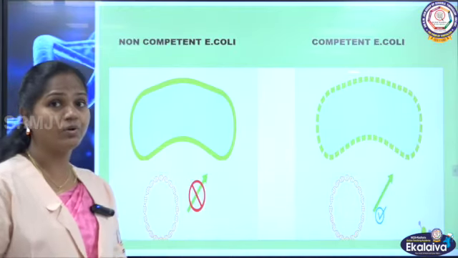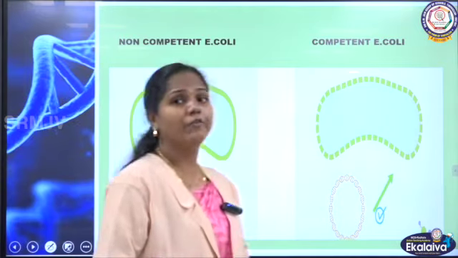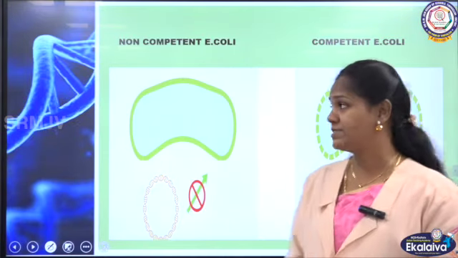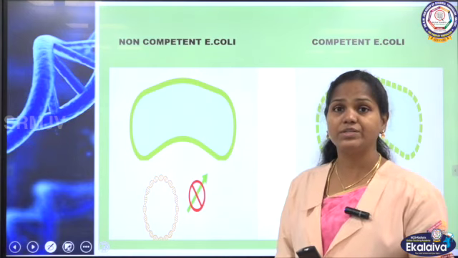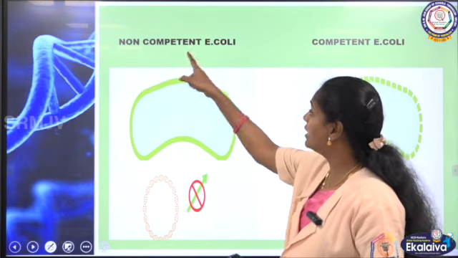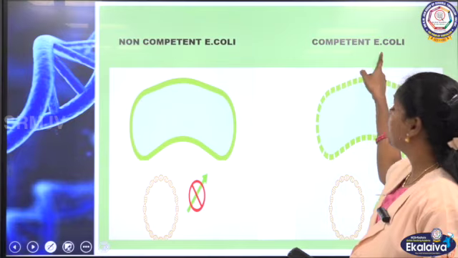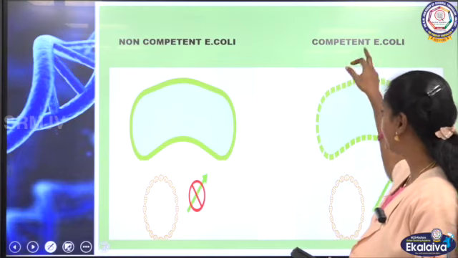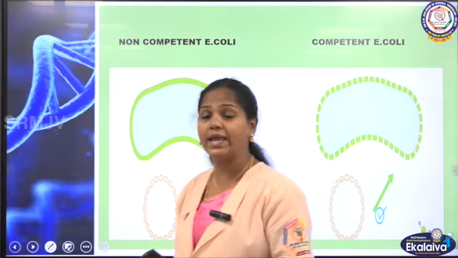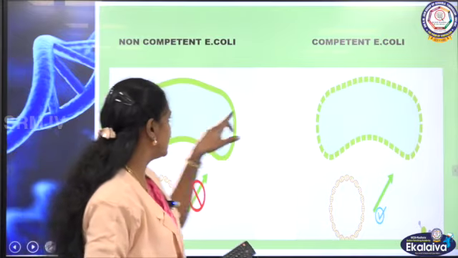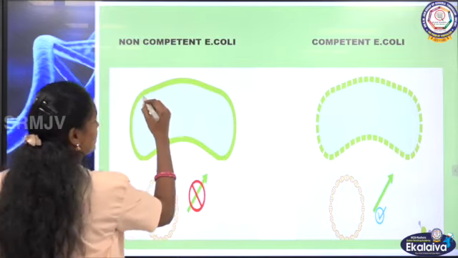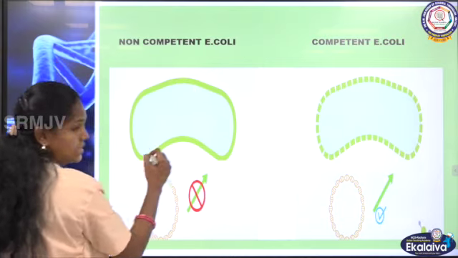When you take our host cell, for example, for pBR322 we have already seen that E. coli is a host cell. That E. coli is of two categories here, non-competent cell and competent E. coli. Only the competent E. coli can take our rDNA. You can see some difference in the outer wall of E. coli.